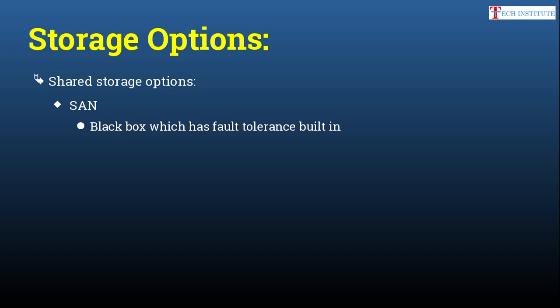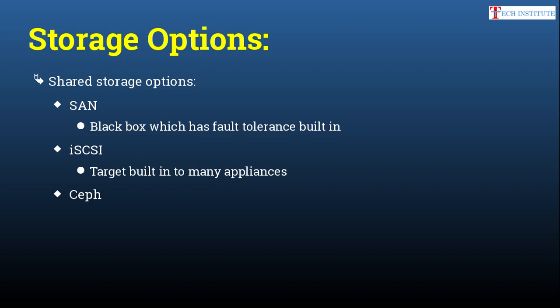So that is one option. If you don't want to go with SAN because it is costly, you can go with a much cheaper solution called iSCSI. You will not get as good performance in iSCSI, but it also gives you a shared storage option where you can have a target built on many appliances, and you can get it at a much cheaper price compared to SAN.